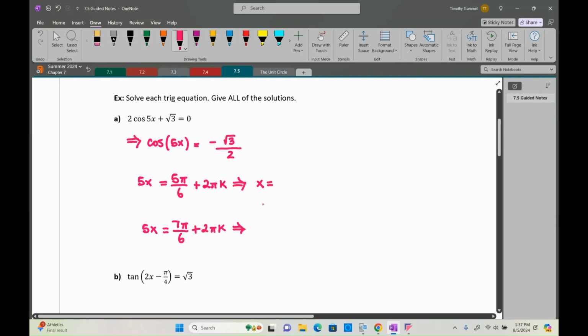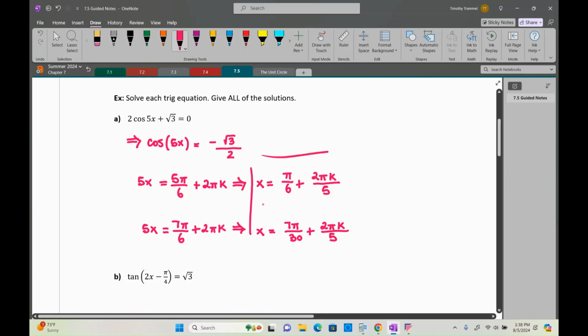Dividing the first one by 5 on each side, we get pi over 6 plus 2 pi k over 5. Similarly for the second one, if we divide by 5, we get 7 pi over 30 plus 2 pi k over 5.